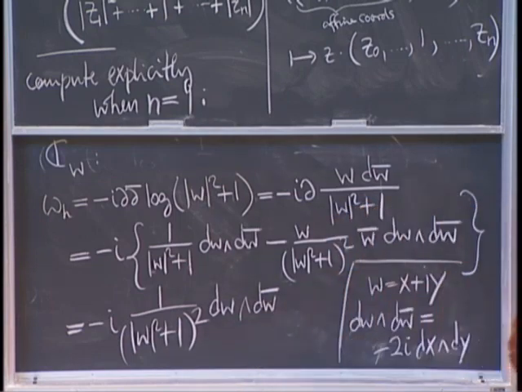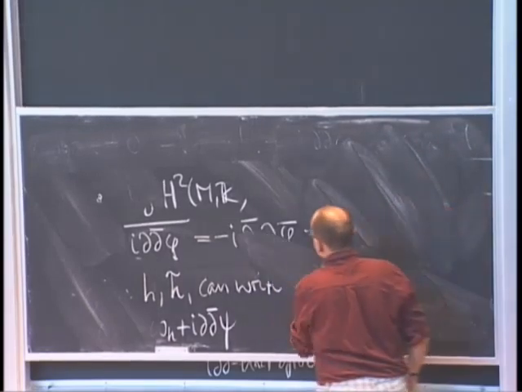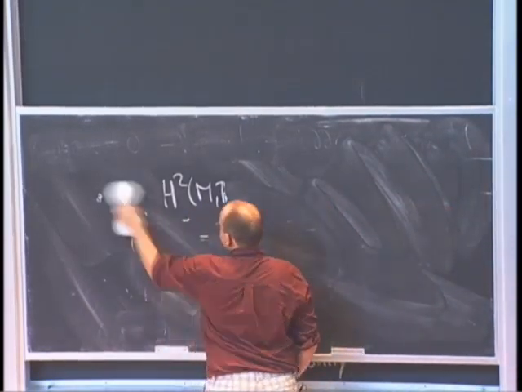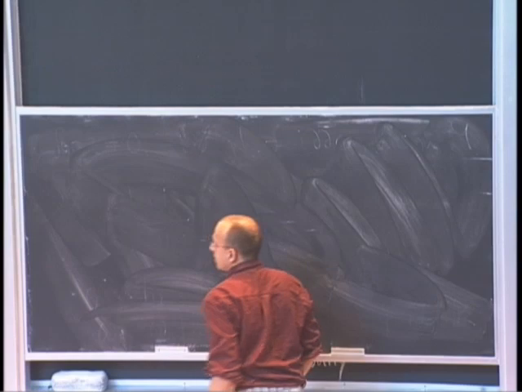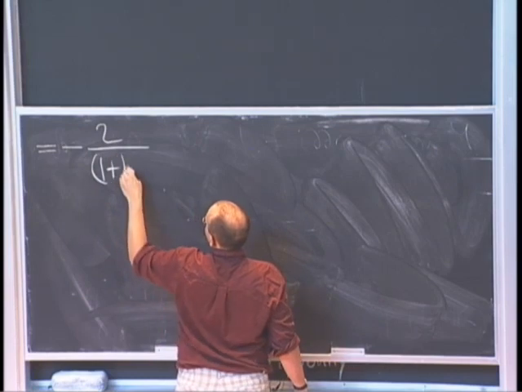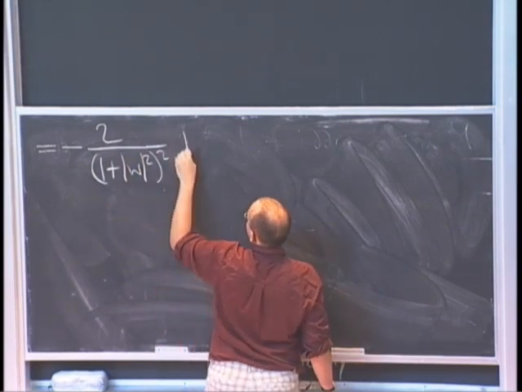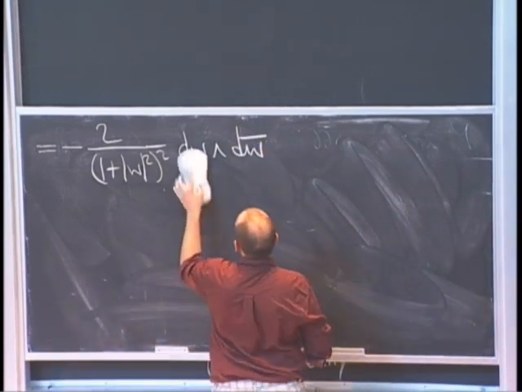So I have a minus i times a minus 2i, so that's minus 2. Okay, so minus 2.